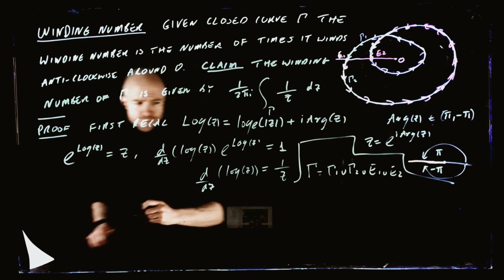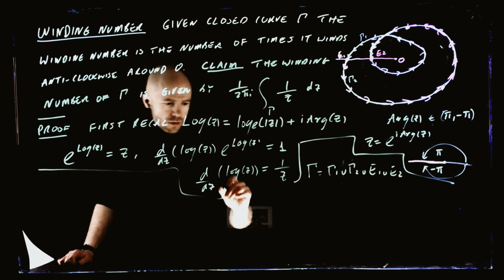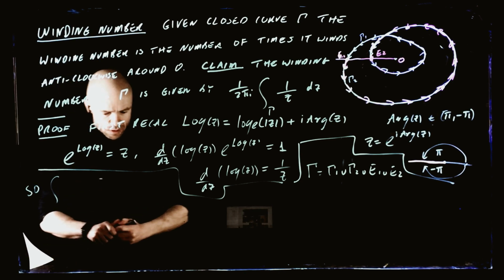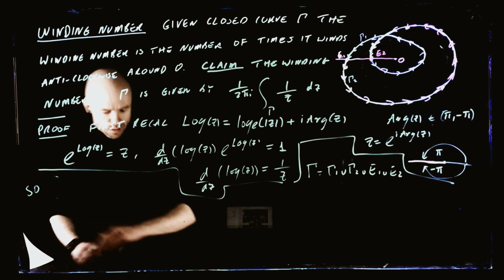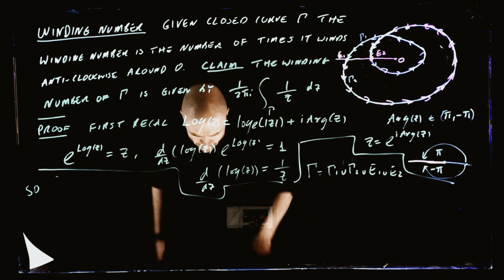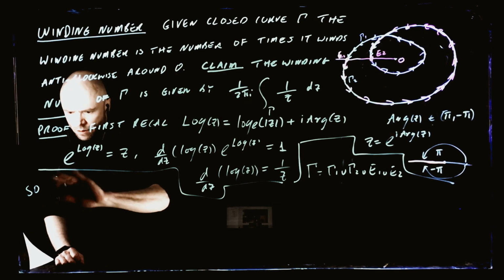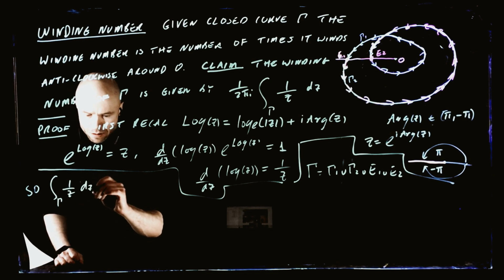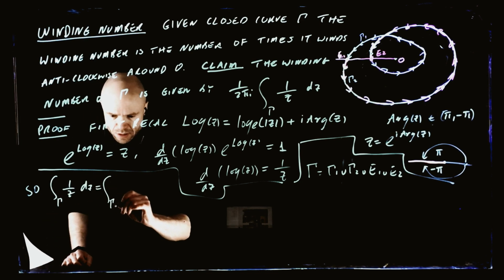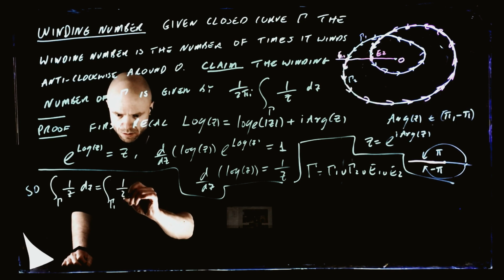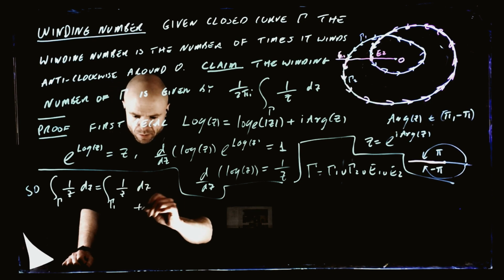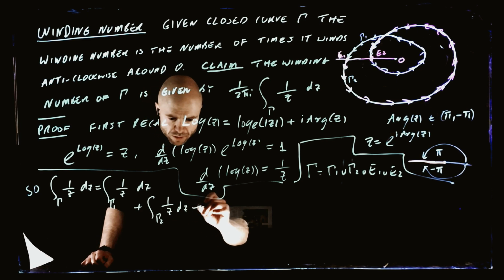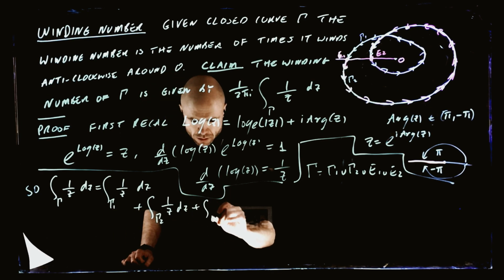So the integral over our curve gamma of 1 over z is the sum of the integral over gamma 1 plus gamma 2 plus these very small errors.